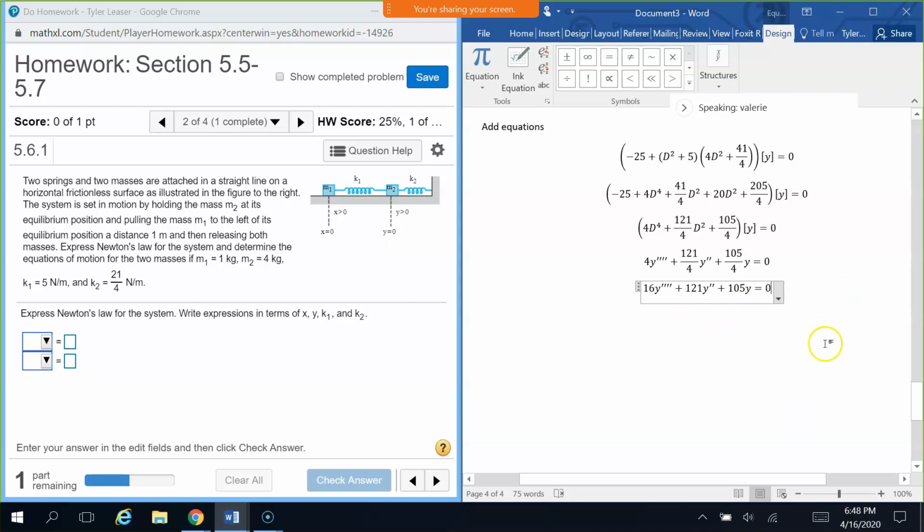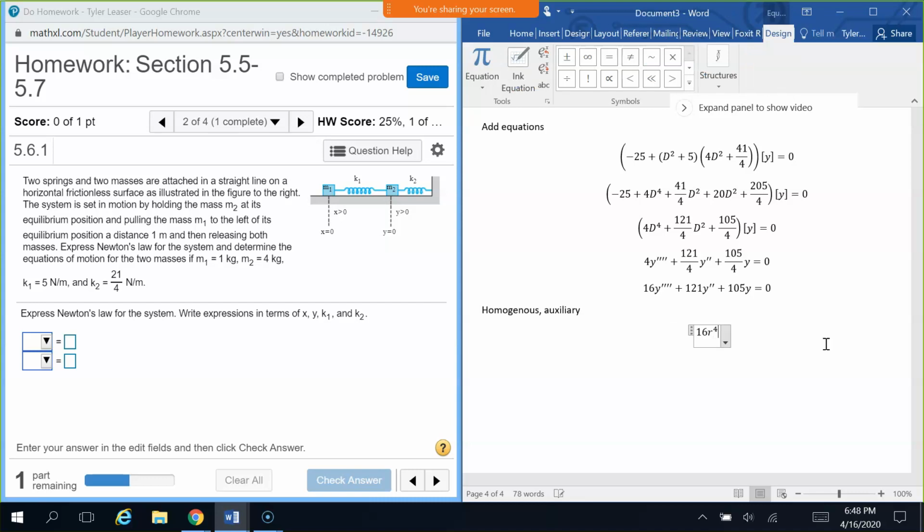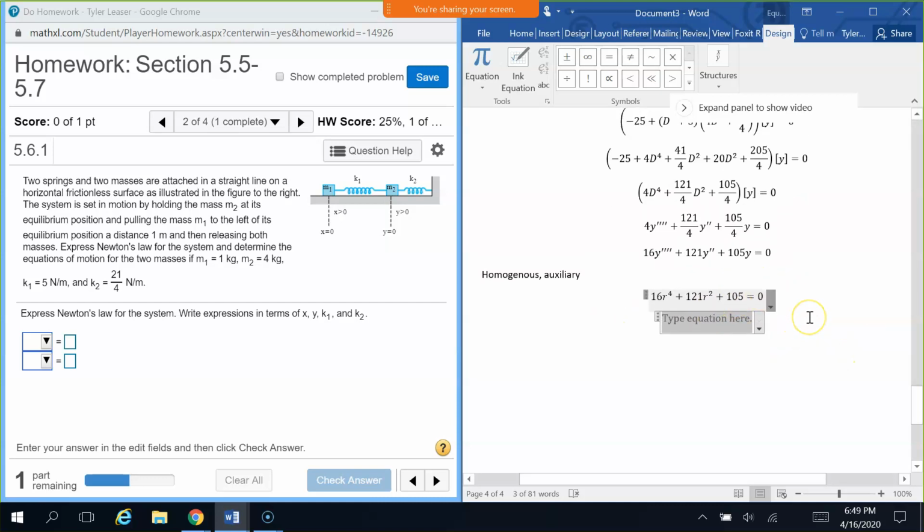It looks really awful, but it's very easy to solve because this is a homogeneous equation, so we're just going to do auxiliary stuff. So we're going to do 16r to the 4th plus 121r squared plus 105 is equal to 0. I don't know if that can be factored or not. I hope you guys have calculators that can do the quadratic equation at this point.